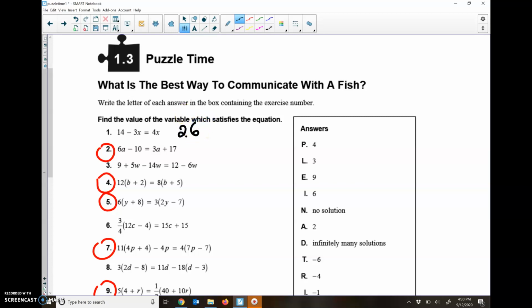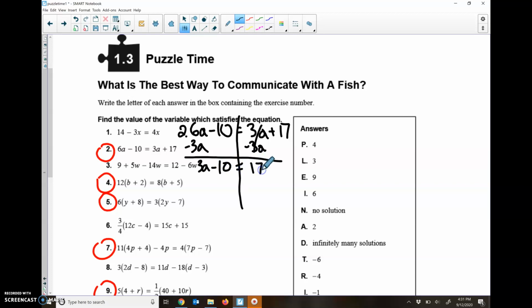So for number 2, I got 6a minus 10 equals 3a plus 17. Okay, so same thing as before. I want my a's to be positive, so I'm going to subtract 3a from each side. So that leaves me with 3a minus 10 equals 17.